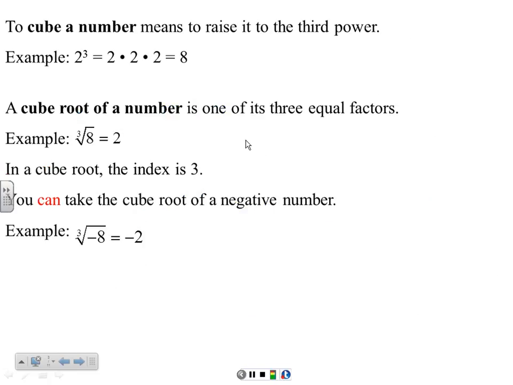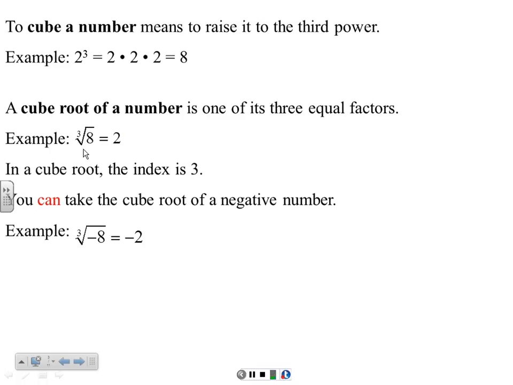The next one we're going to talk about is the cube of a number, and we talked about this early in the semester. To cube a number means 2 times 2 times 2 is equal to 8. Anything you multiply times itself 3 times is cubing the number, so 2 cubed is equal to 8. Well, the opposite of a cube is a cube root, and here is your index.